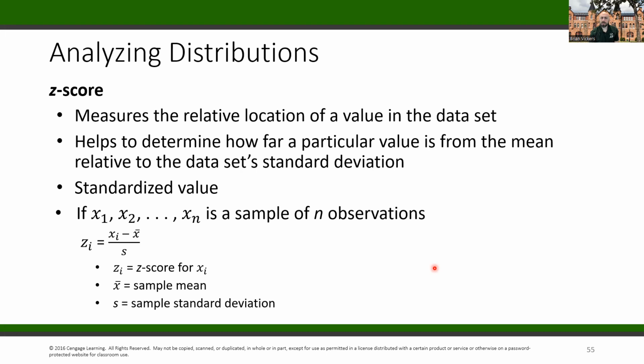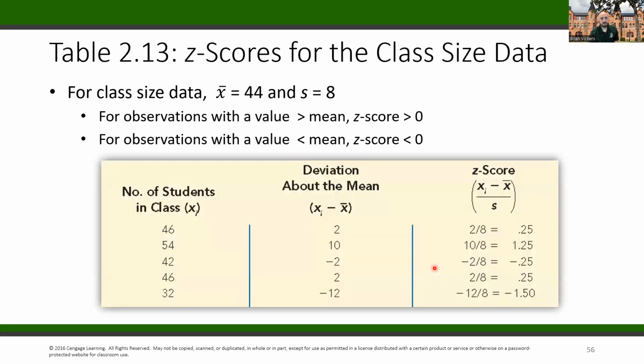I'm not sure of the exact location in the book. I will find that before I do the other video, but it's just used to find where that value lies relative to the mean, whether it's to the left or the right of the mean. If it's to the right of the mean, it'll be a positive number, negative number if it's to the left of the mean.